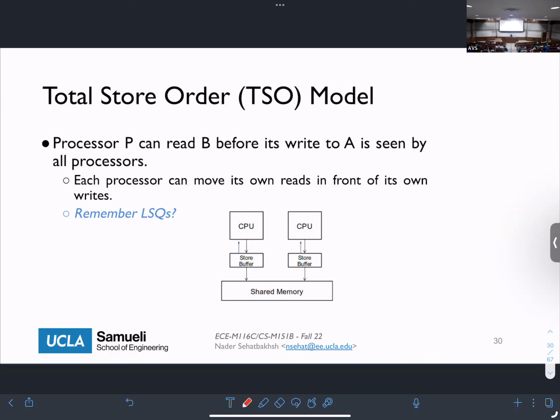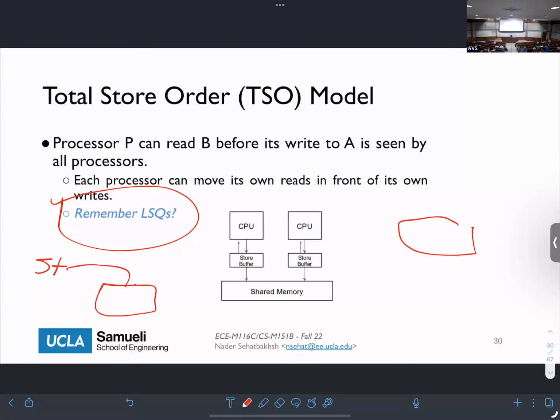And the way that we're going to do this, if you remember load store queues, we're going to have that. So when we have a store, if you remember what we were doing is that we had a queue. We put the store into the queue and then move on. We actually don't issue the store to the cache hierarchy. We just put it into our internal buffer.